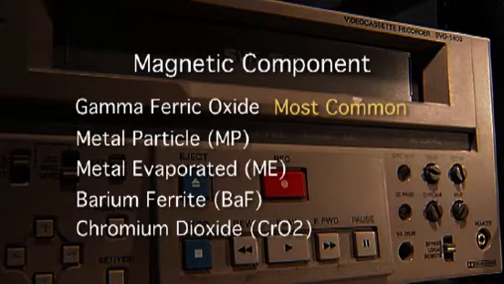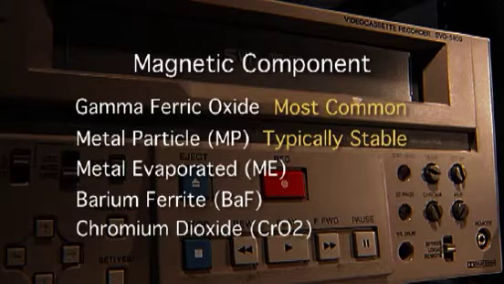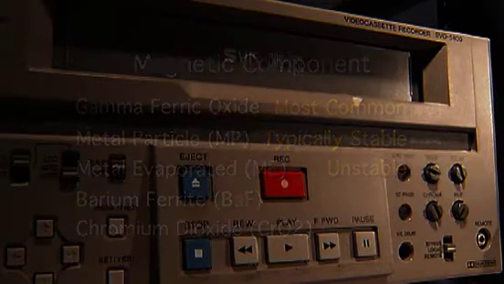Metal particle tapes are typically very stable, although earlier formats of metal particle tape might deteriorate. Metal evaporated tapes, however, are known to be somewhat unstable. You should check your digital tapes to see if they are made with metal evaporated tapes. International standards for the long-term storage of videotape indicate cooler and drier, but never below 40 degrees Fahrenheit.